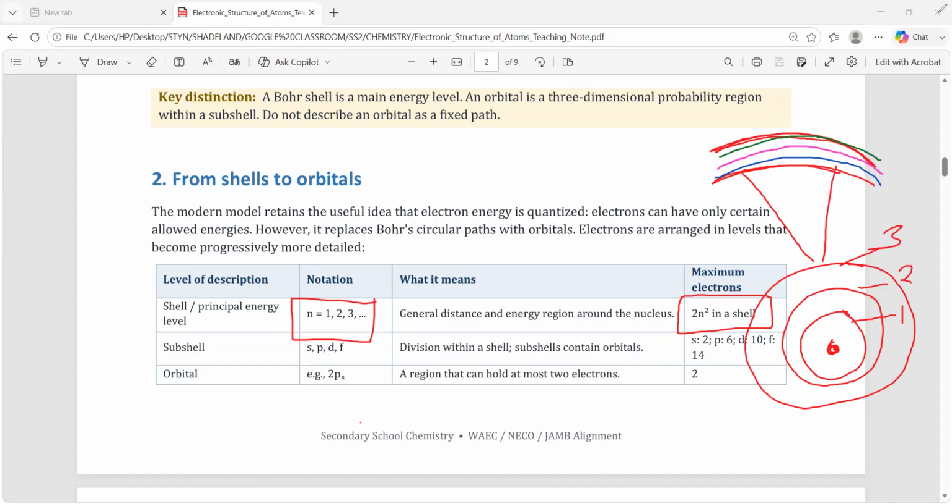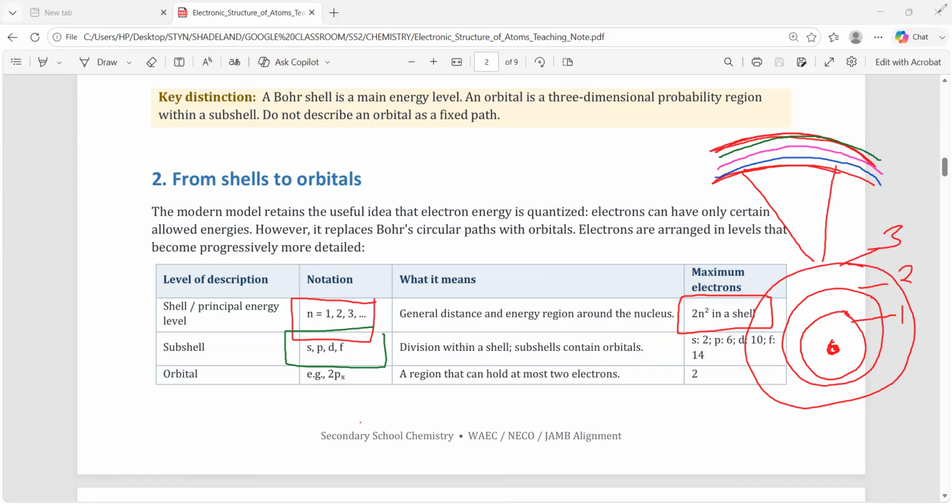These sub-energy levels have names. They have notations that we use to identify them.